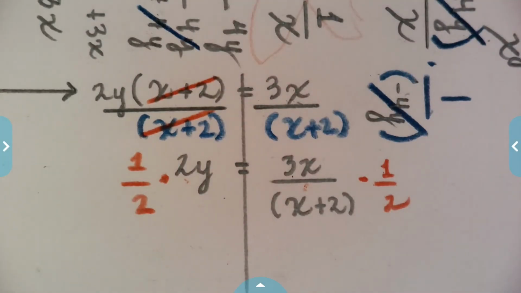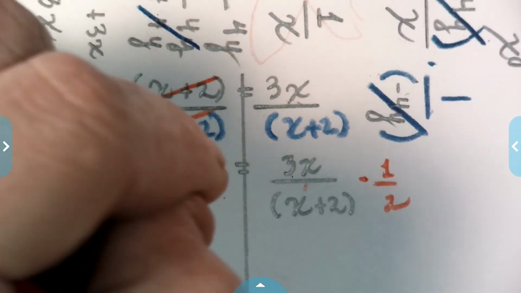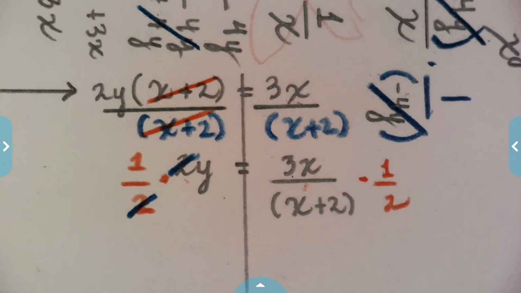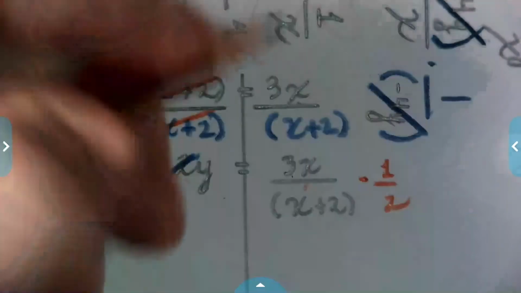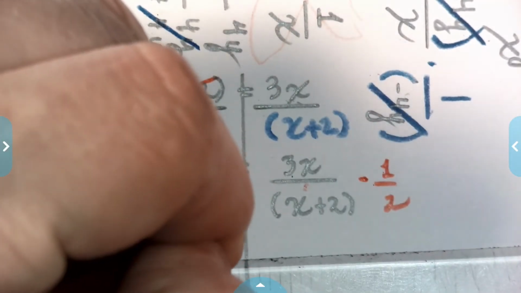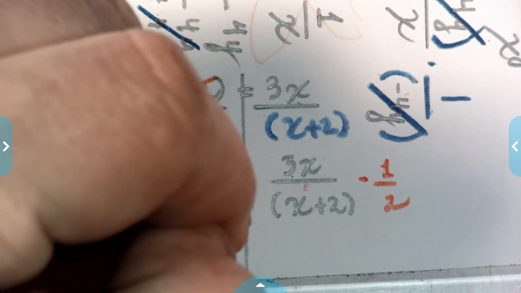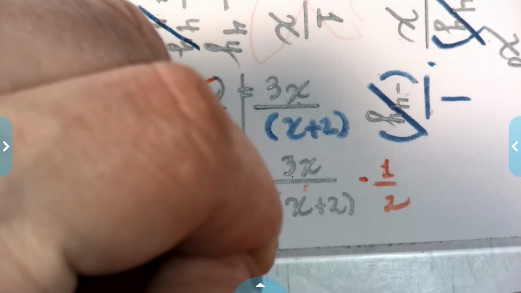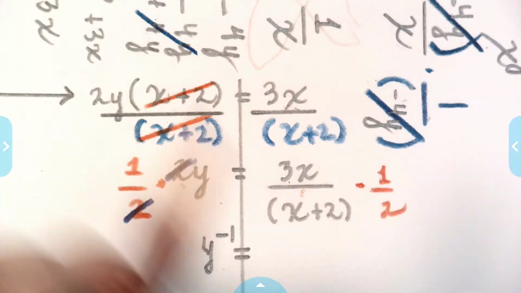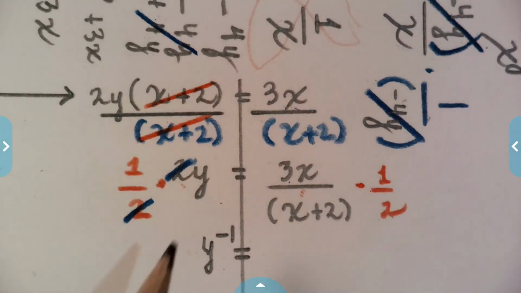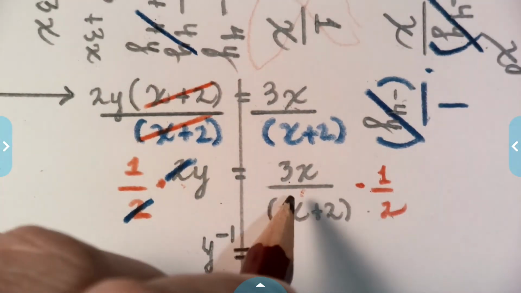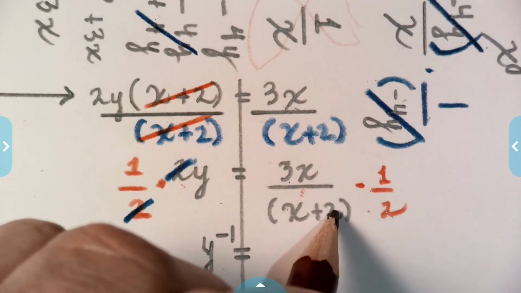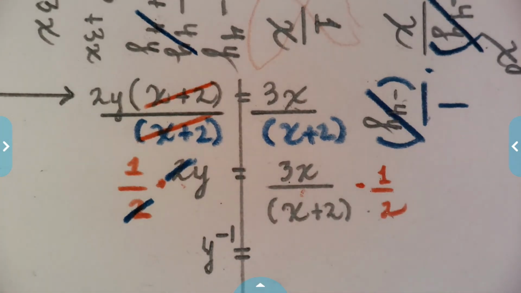Okay, so the beauty of that is that I cancel the 2's and I finally got y by itself. Okay, so this is now the y inverse equals, okay, and now we're going to just distribute the 2 here. So it's going to be 2x plus 4. You see how that's going to work?